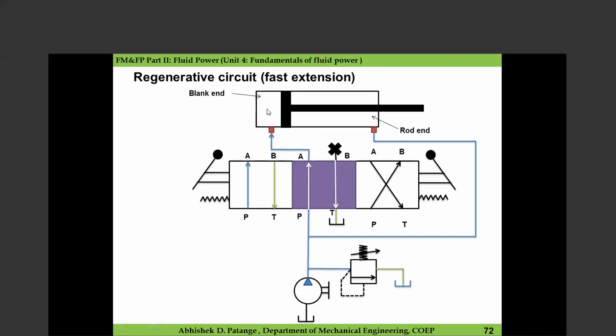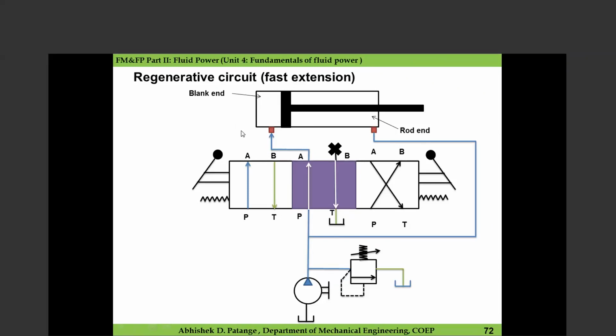The pressure generated at this point will be transmitted equally throughout the system, and will be exerted on this side of the piston and this side of the piston also. The meaning of this statement is that the pressure at the blank end and rod end will be the same according to Pascal's law, because all these lines are connected to each other and the boundaries are confined.